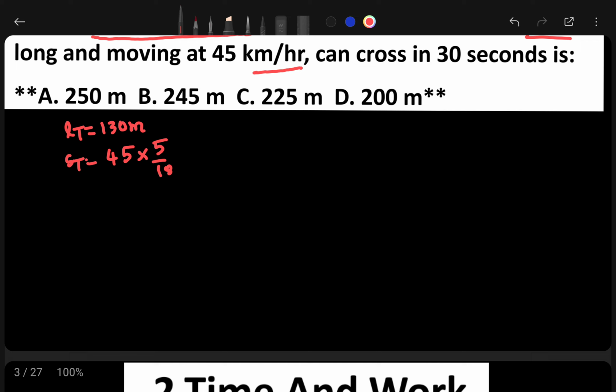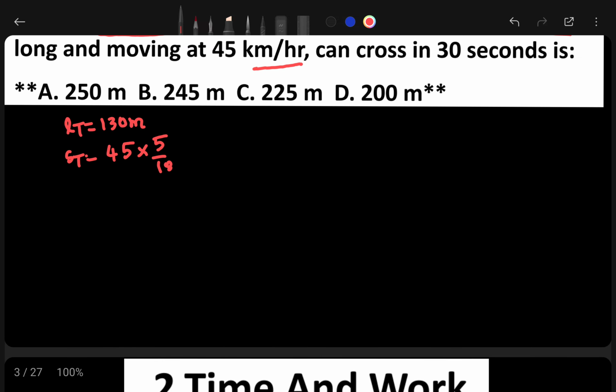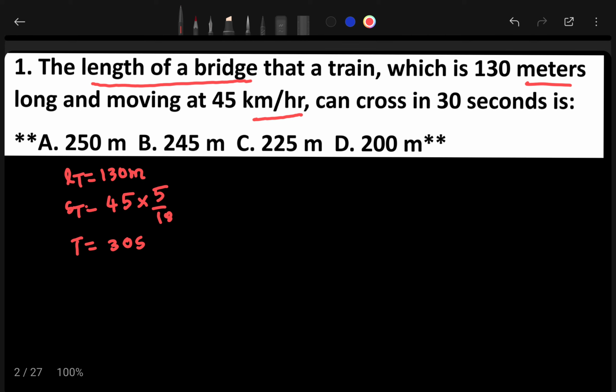And then what is remaining here? Time is also given here as 30 seconds. Now here we need to find how much the length of the bridge is. We know time is equal to, see how many lengths are here? Train length plus bridge length divided by speed.